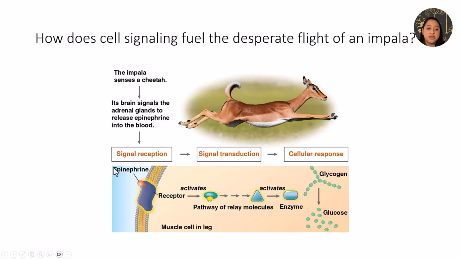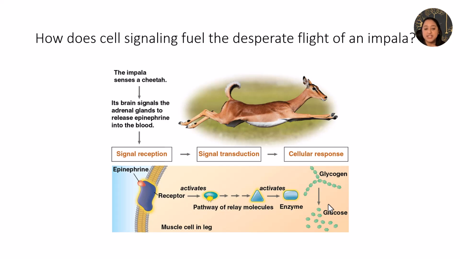So when epinephrine reaches a receptor for epinephrine, the signal is received, right? Signal reception. It activates a whole pathway of relay molecules. So kind of like a relay race, in which there's a team of people. Somebody runs here, passes a baton, and then they run here, pass the baton, and then they run here.